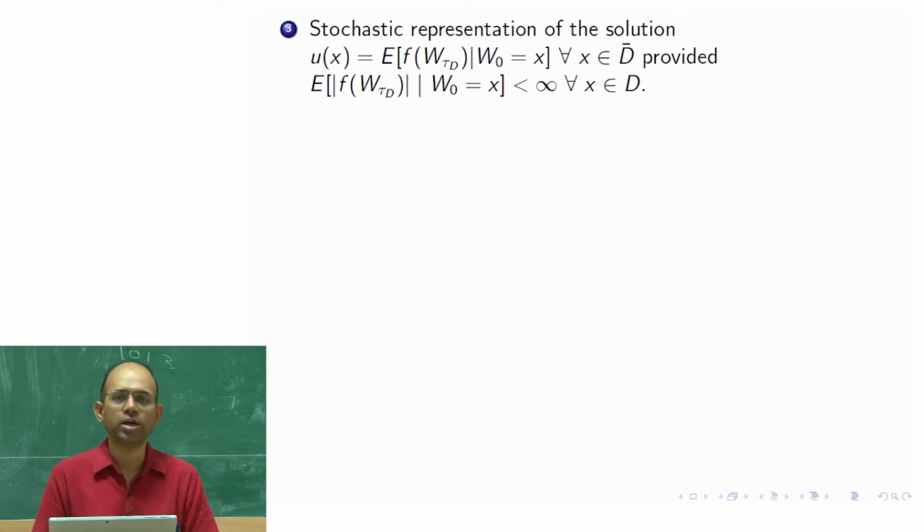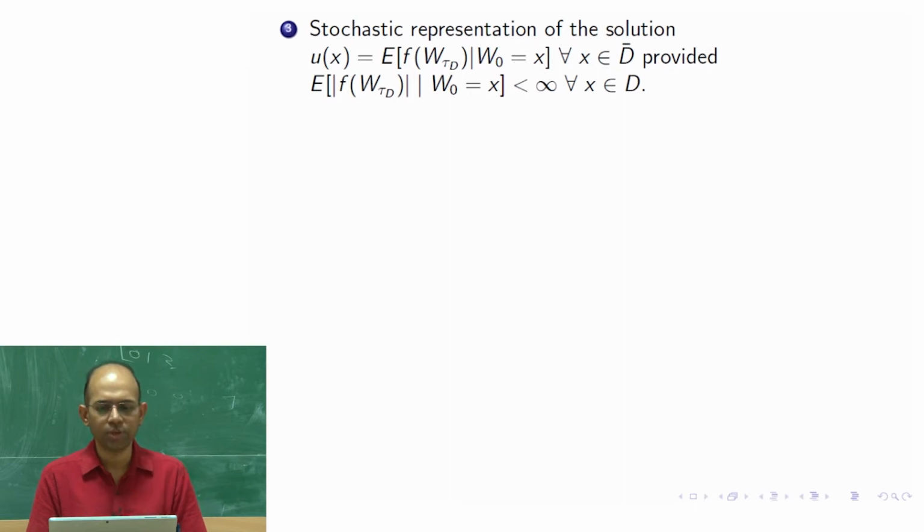But when we consider any connected open domain, that open domain need not be bounded, right? So in that case, we cannot assure that this expectation will be finite. So we can only write it this way provided that the expectation of modulus of F of W tau D is finite. The justification will be given later.